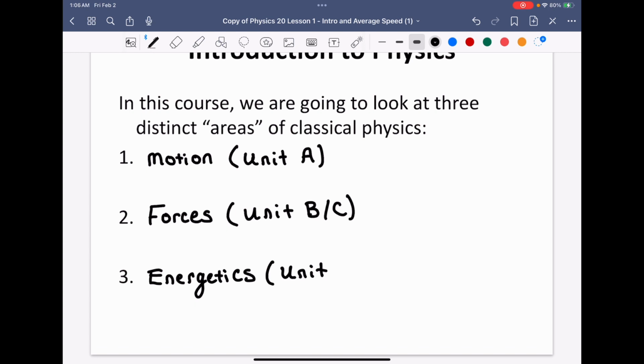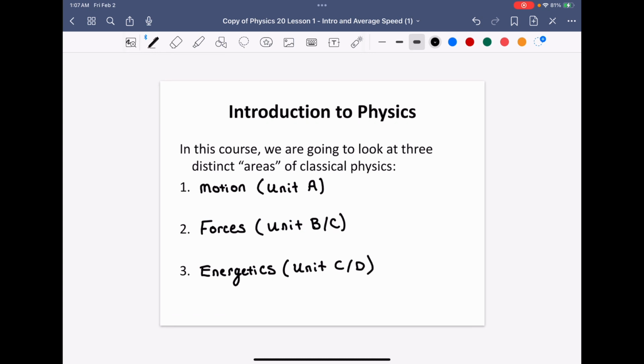And so realistically, I could say Unit A, B, C, D, but mainly we see this appear in C/D, where we really break apart how energy is involved, or more importantly, work, energy, and power are all related to motion and forces. And so realistically, by the end of this semester, if you can have a strong grasp on each of these three main areas of classical physics, you're going to do just fine at the next level, and you'll have a really solid foundation going forward throughout your studies of physics.